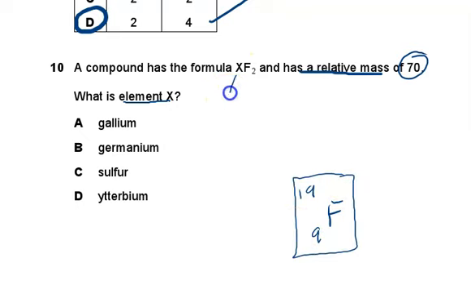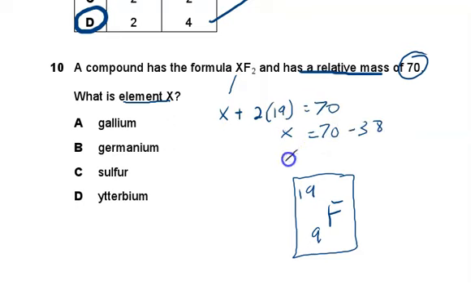So X will remain as X, and there are 2 fluorine there, so 2 multiplied by 19 equals 38. So 70 minus 38 will be the X. So the X is given as 32.